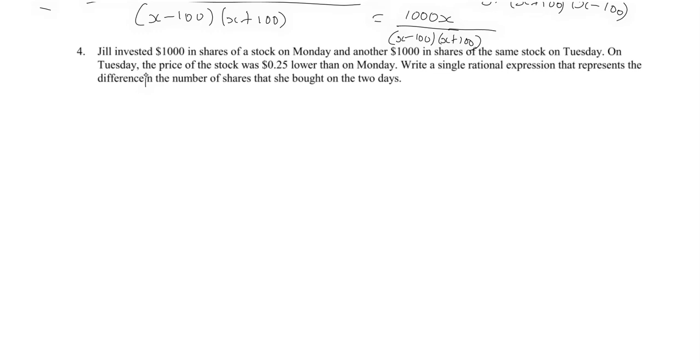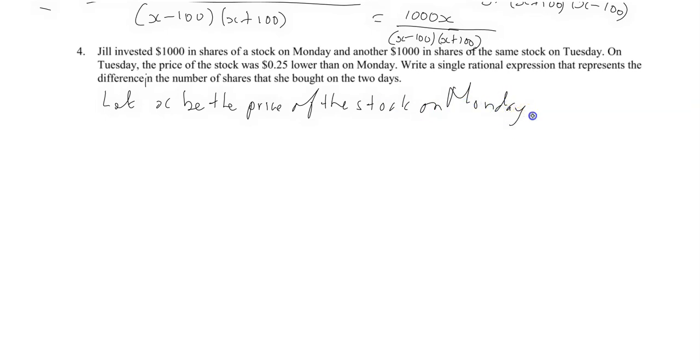Okay, so let's do this. We will let x be the price of the stock on Monday. So if the stock price was $1 and she bought $1,000 worth, it would be 1,000 divided by 1, or 1,000 shares.